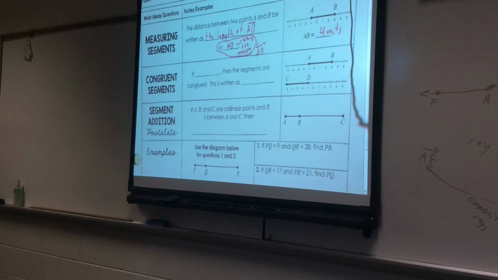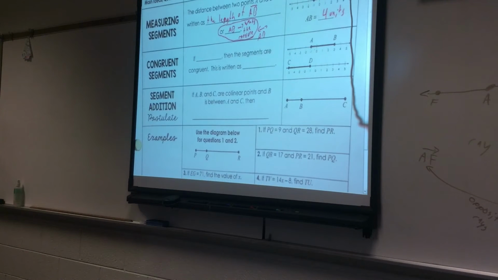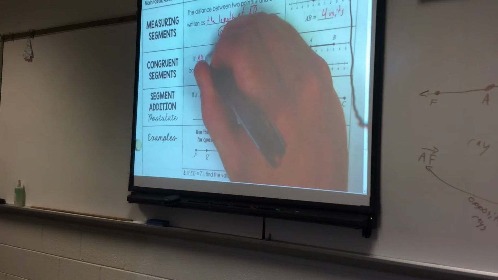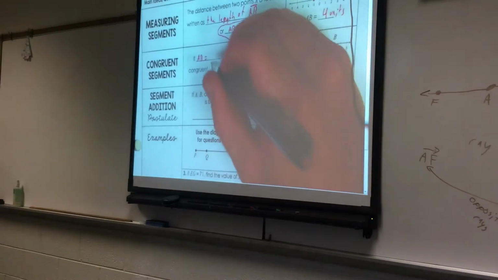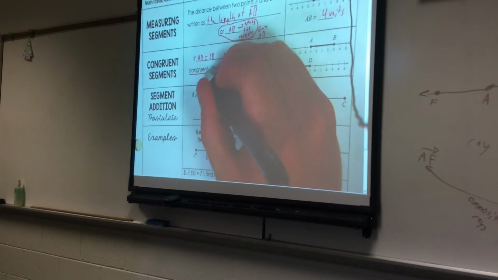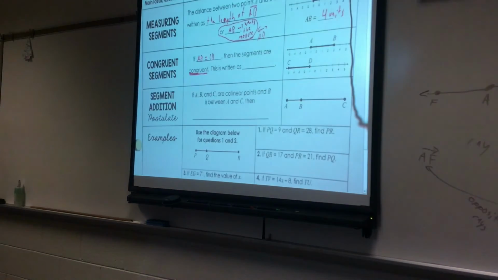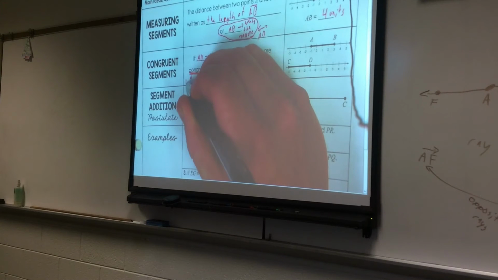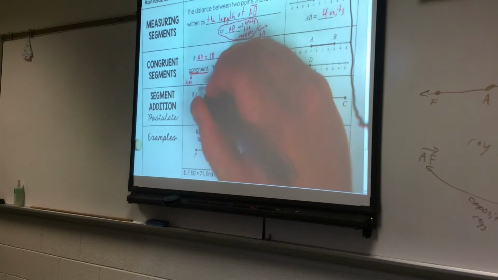Then, congruent segments. That congruent might be a new word for you, but that just means they're the same length. So let's say if AB equals CD, then the segments are congruent. Congruent means they have the same length, or have the same measure.